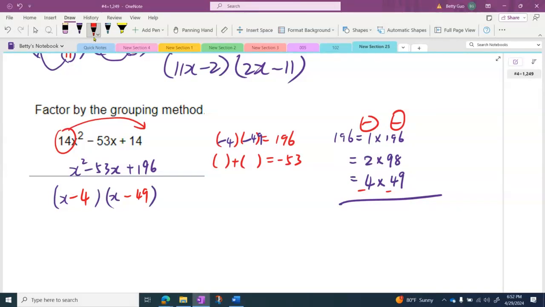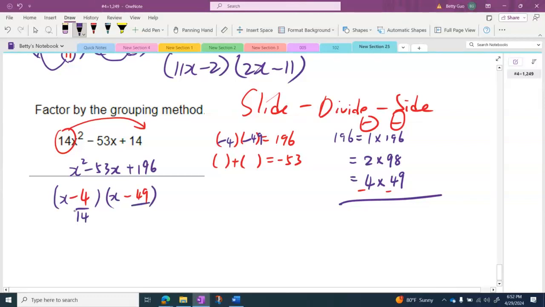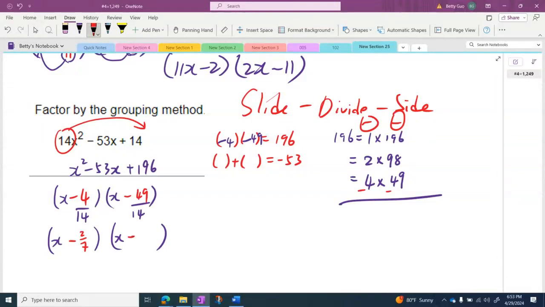And don't forget, the method is called slide divide slide. We divide the two numbers by the original leading coefficient. Negative 4 over 14 simplifies to negative 2 over 7. Negative 49 over 14 cancels: 49 divided by 7 is 7, 14 divided by 7 is 2. And then we slide it back.